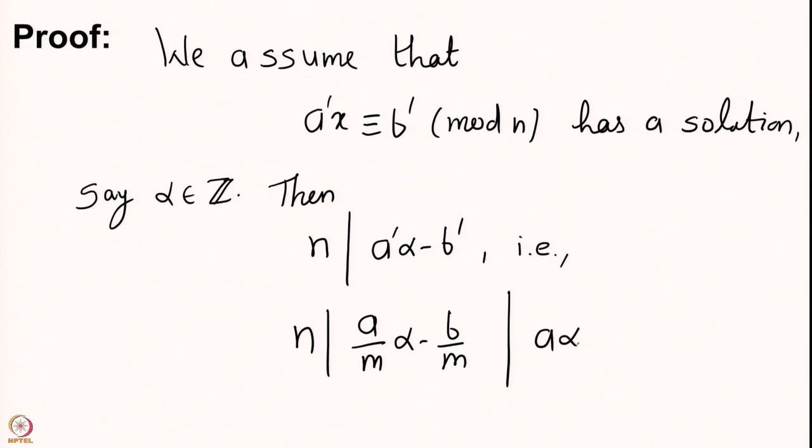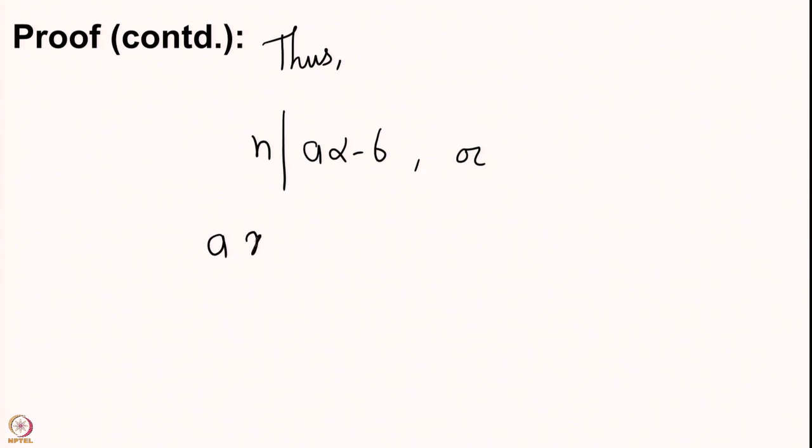and clearly this number is going to divide A alpha minus B, because this is nothing but 1 upon M times A alpha minus B, or you may consider this as M times A by M alpha minus B by M. So, what we do get is that n divides A alpha minus B, or Ax congruent to B mod n has a solution.